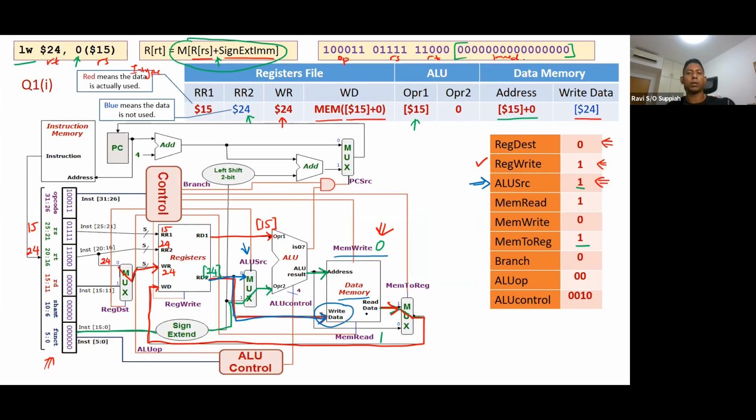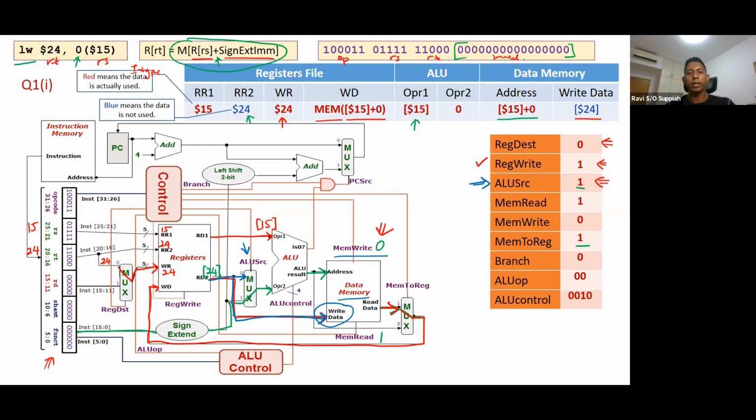It doesn't matter because I will not write anything to memory. Okay, so you can see that there are many hardwired connections here. That means the data will go to many places at the same time. It is your control signals that will help us to decide what is used and what is not used, and what goes to the next stage.